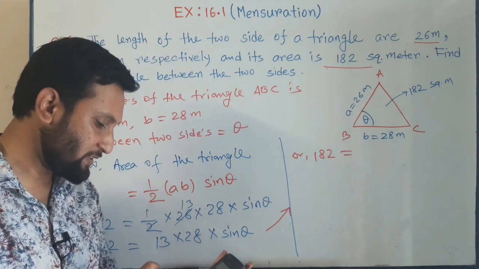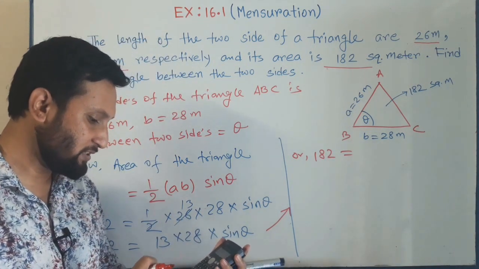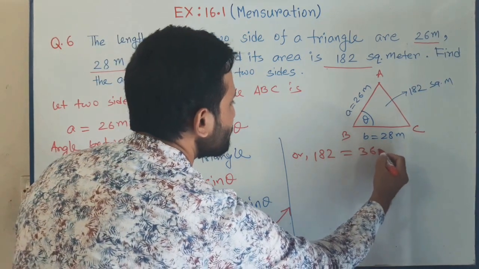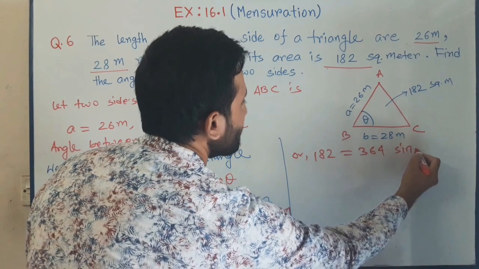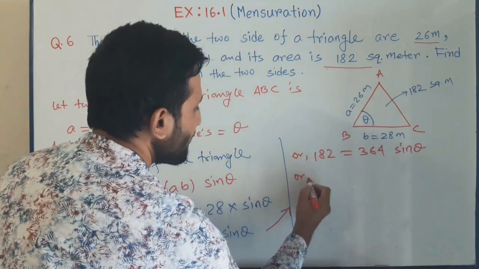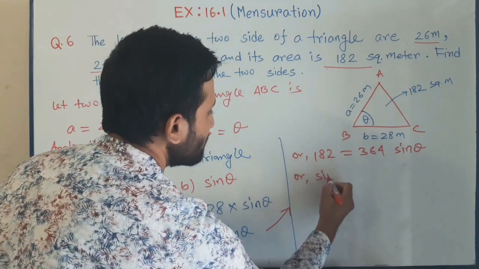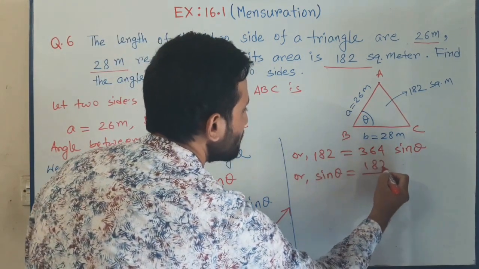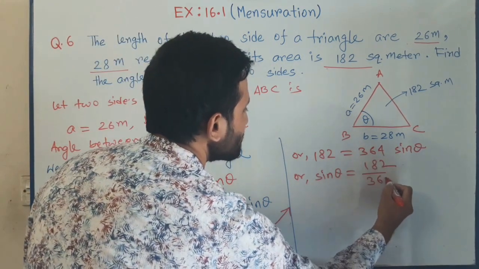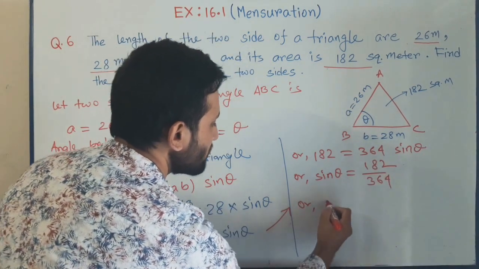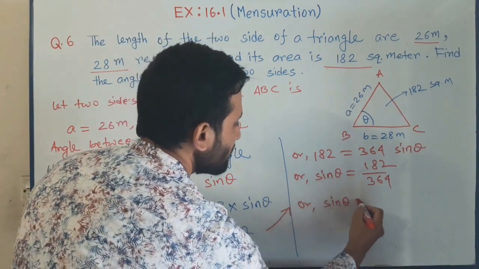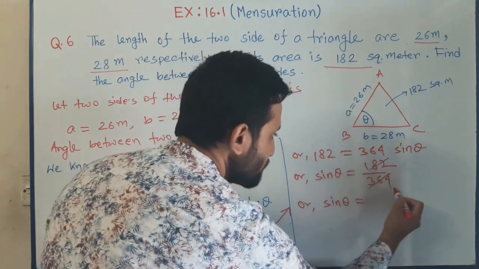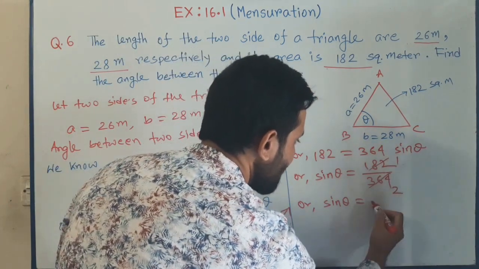By using calculator, 13 into 28 is 364. So sin theta equal to 182 divided by 364, and 182 is half of 364, that means half.